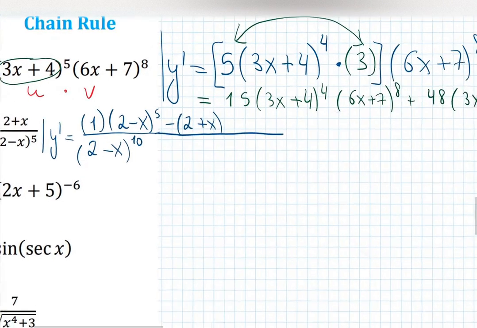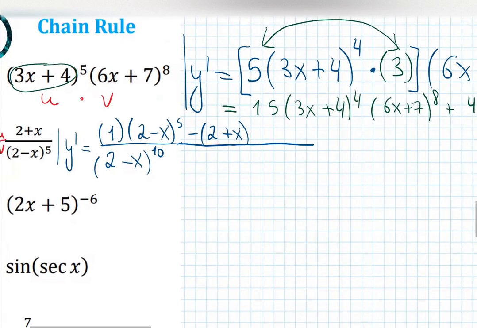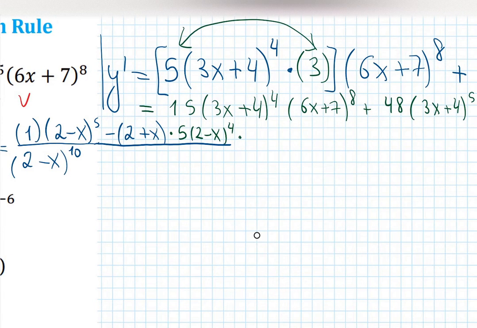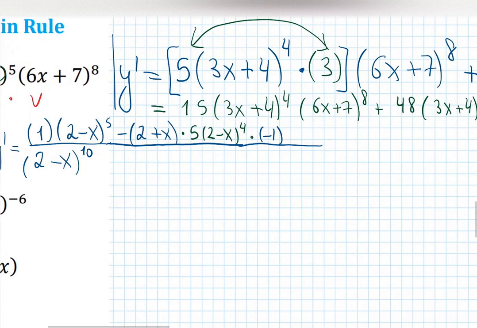And now the interesting part starts, which is chain rule of the denominator. I see something raised to the 5th power, so 5 goes down. It's going to be 2 minus x to the 4 times the derivative of the function inside. What is the function inside? 2 minus x. Derivative of 2 minus x is negative 1. We need to simplify this.